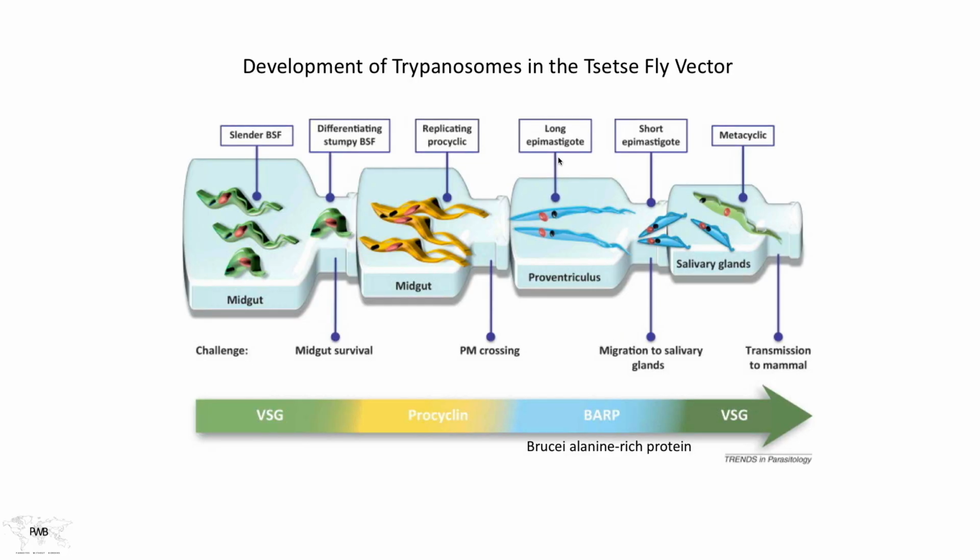Development of the trypanosomes in the tsetse fly vector is complicated. Just like the development of Leishmania parasites in the sandfly was complicated. But we can simplify this somewhat to let you know that it's not a process that we don't understand, at least in terms of the overall process.